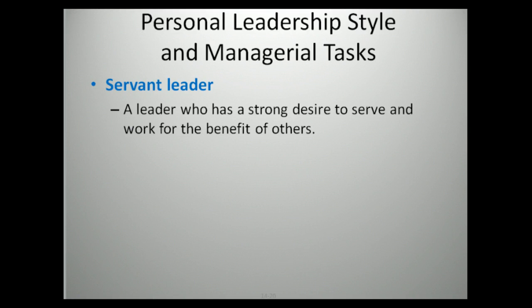Greenleaf proposed that service to followers really is the primary responsibility of leaders. So not so much organizational effectiveness, but service to the followers and the essence of ethical leadership.